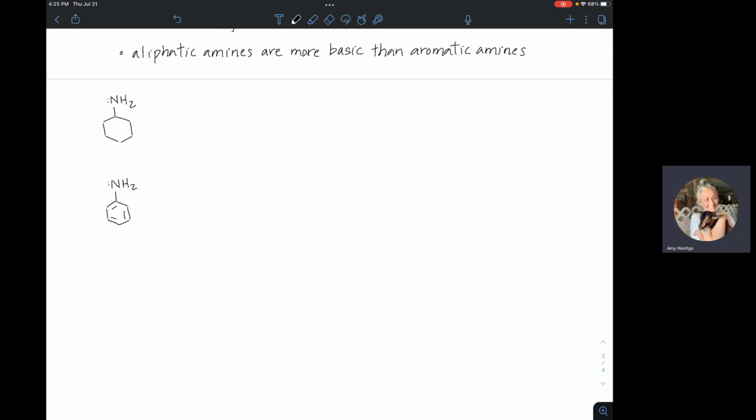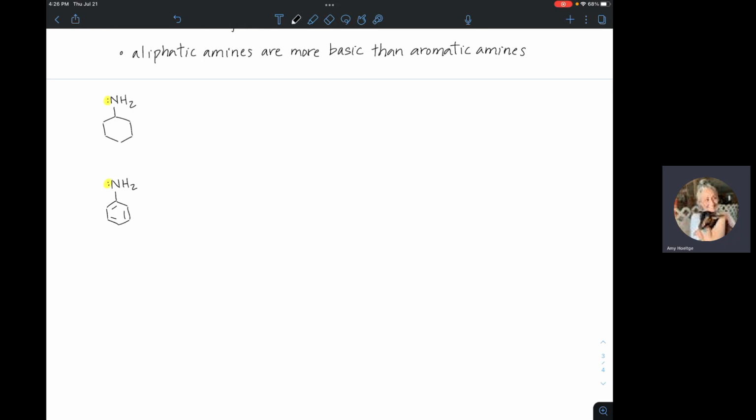If you're using it as a base, you want the lone pair of electrons to be more readily available to deprotonate another molecule, to take a relatively unhindered acidic hydrogen off of another molecule. So you ask yourself, without even knowing the pKa values, in which molecule do you think that lone pair of electrons is going to be more localized on the nitrogen?